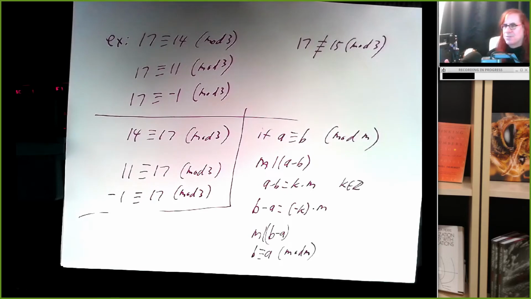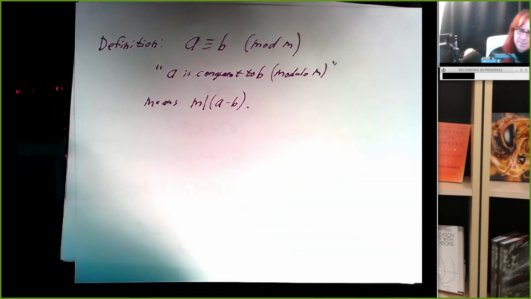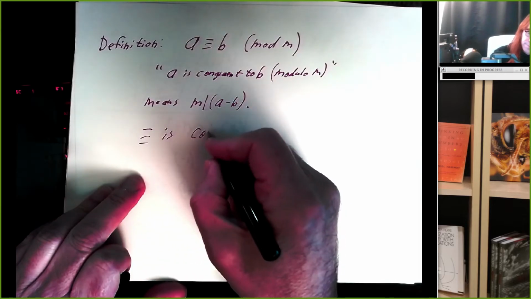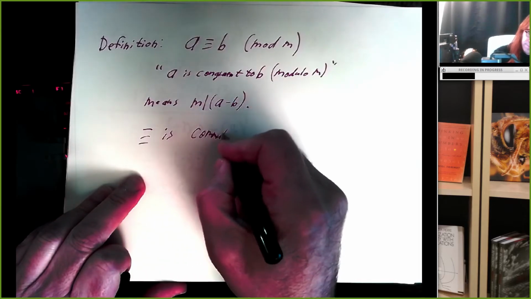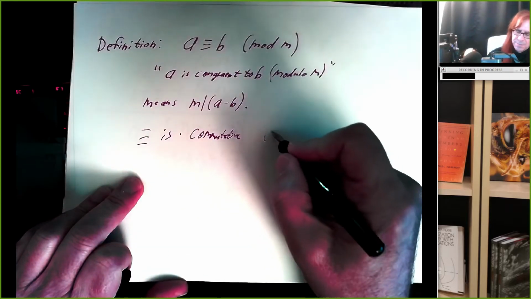If a is congruent to b, b is congruent to a.